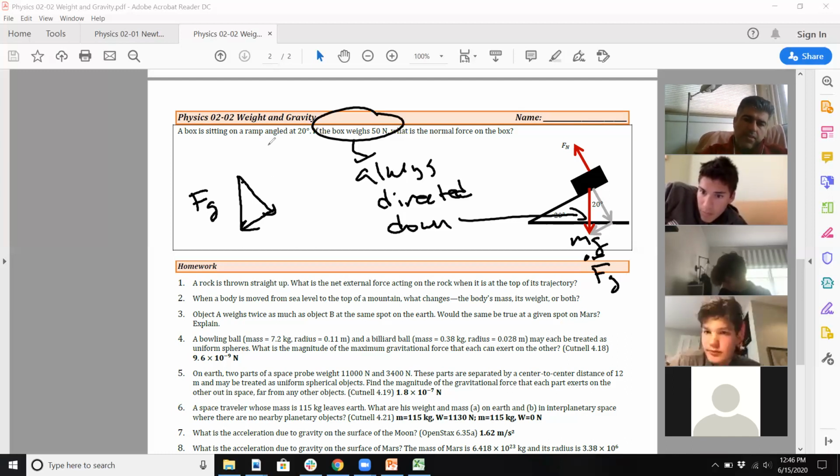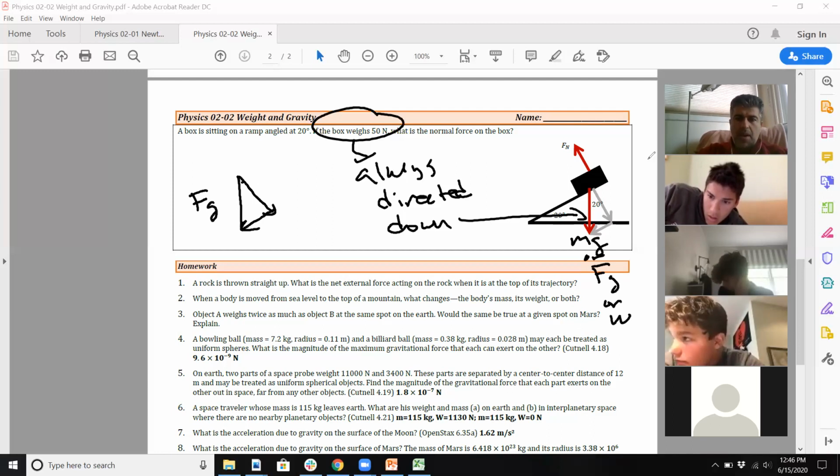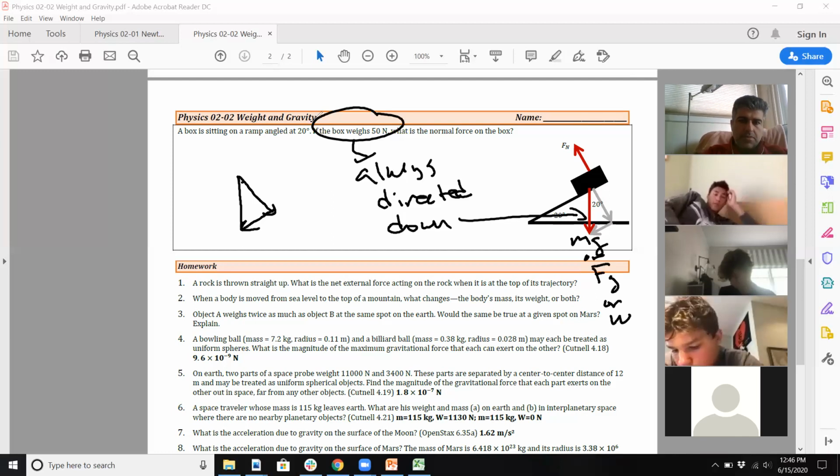You could say this is, or you can call it W also. So I don't really care how you express it. But for simplicity purposes, let's just call that W, the weight. Then this is going to be the weight in the y direction, and that's going to be weight in the x direction.